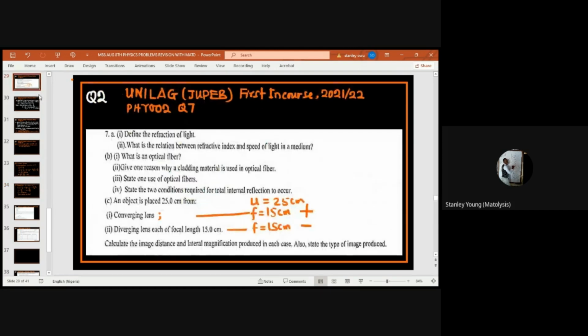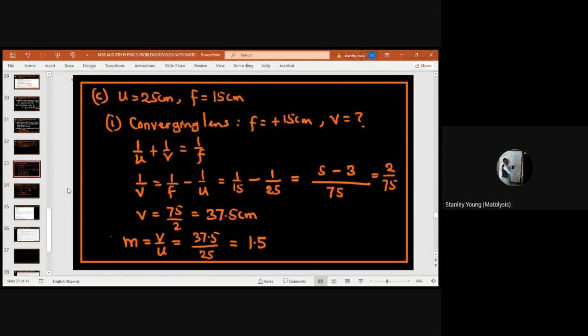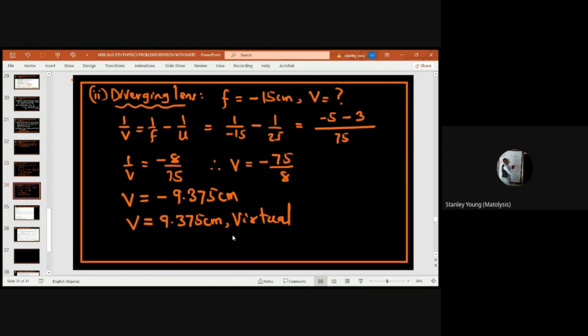Don't forget that the question says you should state the type of image produced. So for the first one that we calculated, this was positive. That makes it real, right? But for the second one that we calculated, we got negative. That makes it virtual.